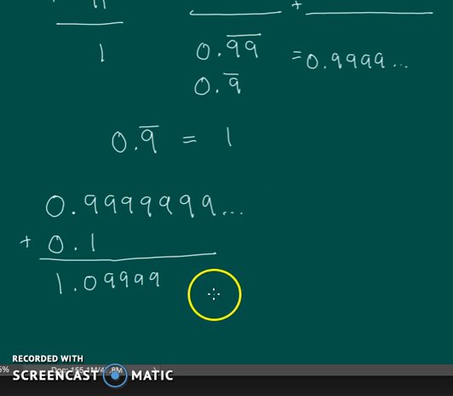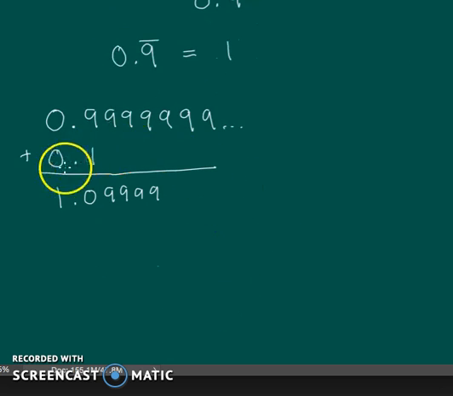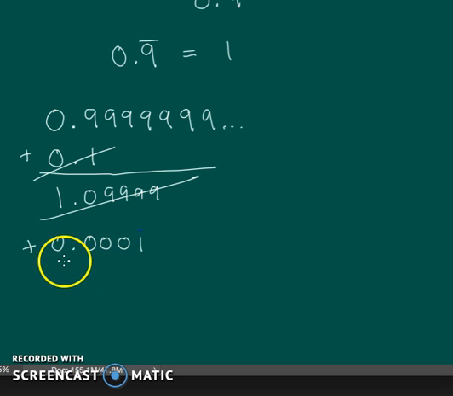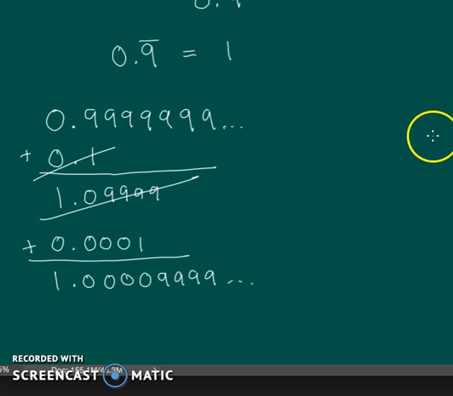That's not going to work. So scratch that. What if I add 0.0001? Okay, well now I have 1.0000, but then again I have all these 9s repeating forever behind at some point in the decimals.